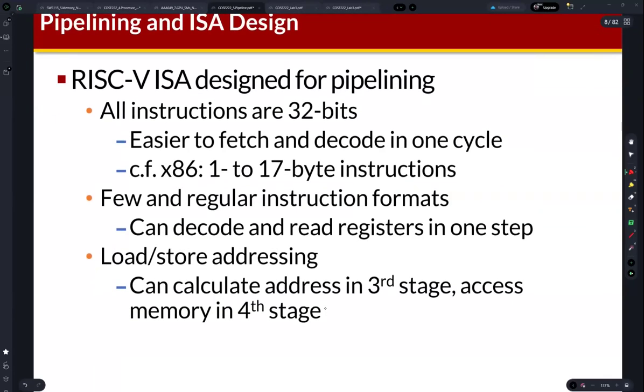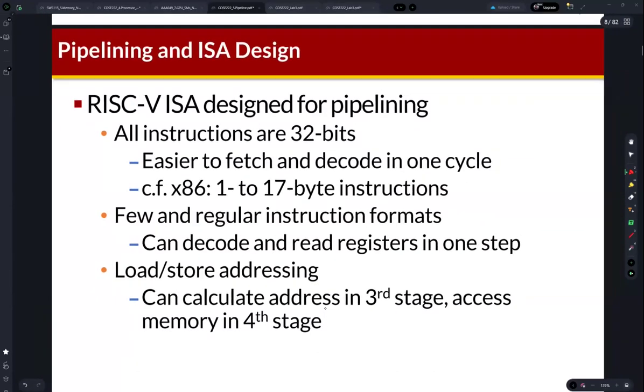Then this slide explains that the RISC-V ISA is designed for pipelining. Which means the instruction set is simple. Okay? So it's a RISC type. It is because x86 is a complex instruction set, and the instruction format is very complex.